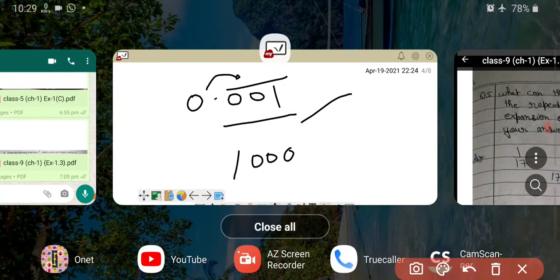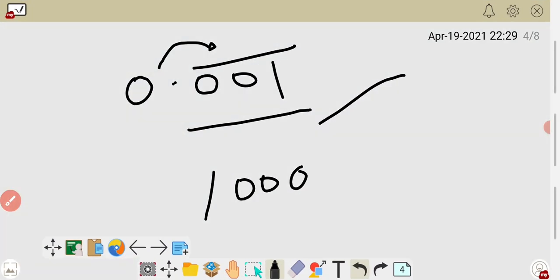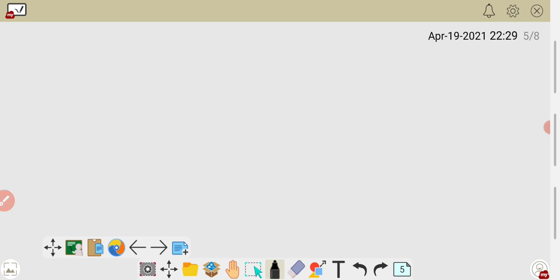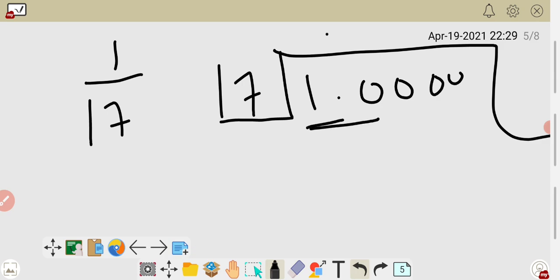Okay, first I am going to explain what the question is. If you perform 1 upon 17 by the long division method, suppose 1.00, in the table of 17, 1 does not come, so you have to take 2 digits, it becomes 10, and then write 1 decimal here. Now 10 will also not come, so you take another 0, it becomes 100.